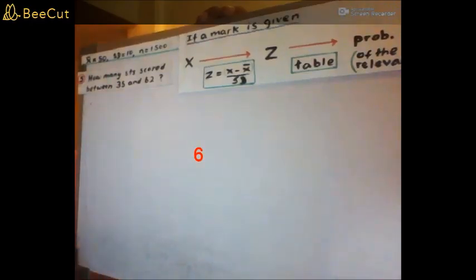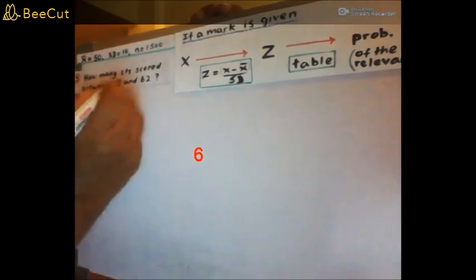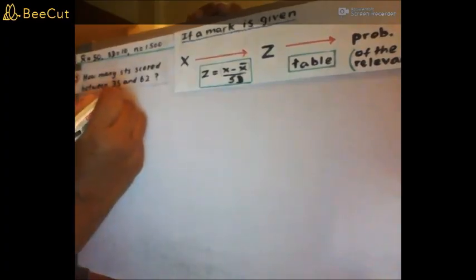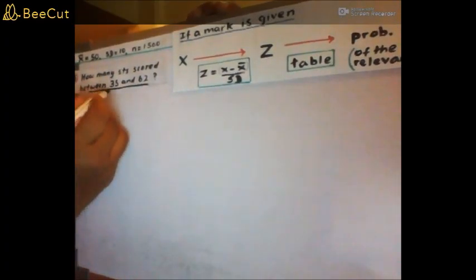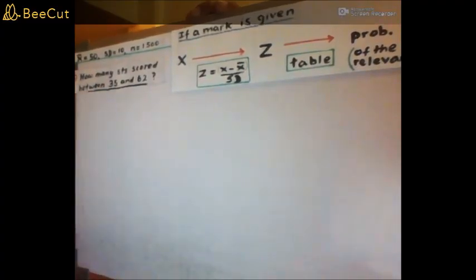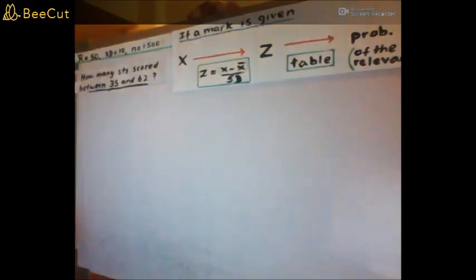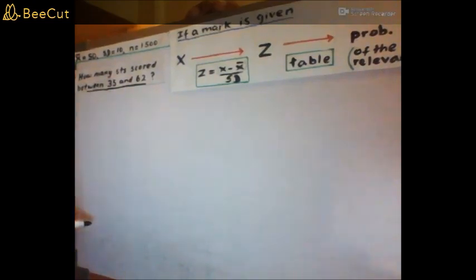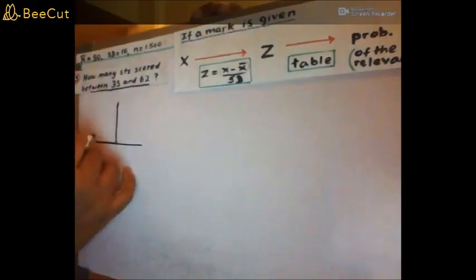Question number 5. How many students scored between 35 and 62? I have given the notes of all these things. First you have to watch the videos and then copy down the rest, then you can understand. What's the first step? Draw the curve.